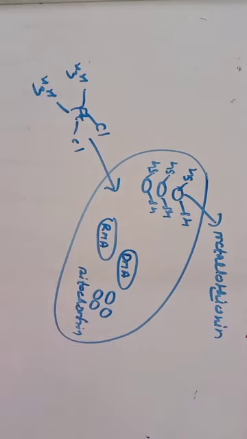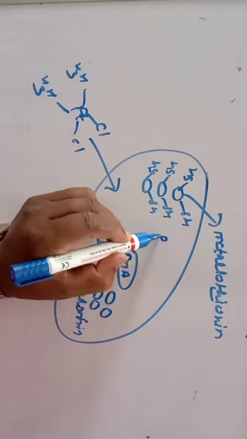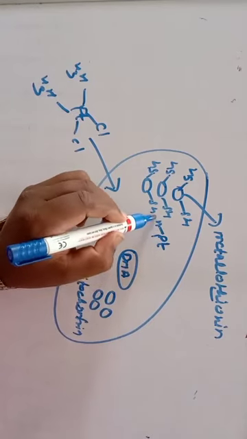So the cell has different components such as mitochondria, DNA, RNA, and metallothionein. When cisplatin enters the cell, it undergoes hydrolysis, and we get here Pt with NH3.